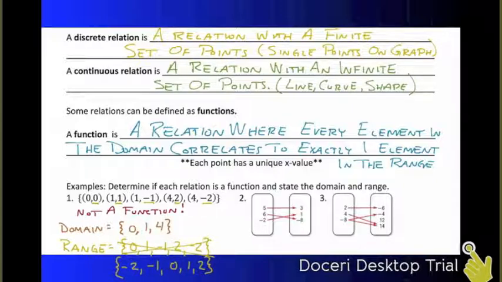Example 2. Looking at this, you want to determine, does every value here match up with exactly one value here? Well, 5 goes to 3. That one's good. 6 goes to -8. That one's good. And -2 goes to 1. That is good as well. So this one is a function. And then we want to list the domain and range.